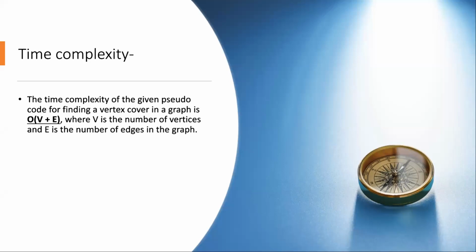To get this, the first step is to initialize the visited dictionary, for which the time complexity comes out to be big O of V. The next step, iterating through each edge, takes big O of E. Checking and updating visited vertices takes big O of 1 time, and iterating through each vertex takes big O of V time. Therefore, the overall time complexity comes out to be big O of V plus E. Next slide.